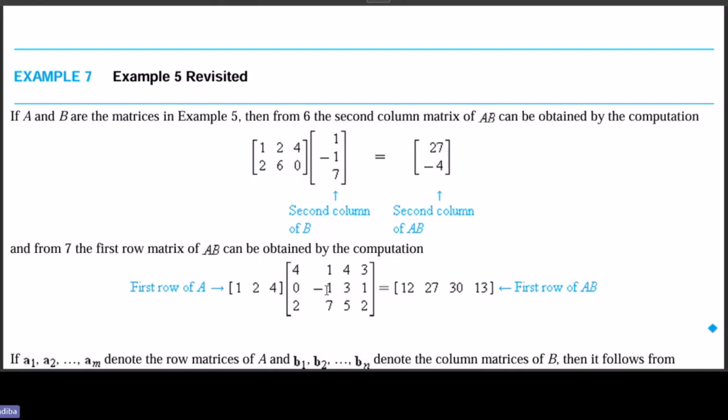The size of the next matrix is 3 by 1. Are the columns in the first matrix equal to the number of rows in the second matrix? Yes. Therefore, the product AB can be computed, and the size of the final matrix is 2 rows by 1 column.